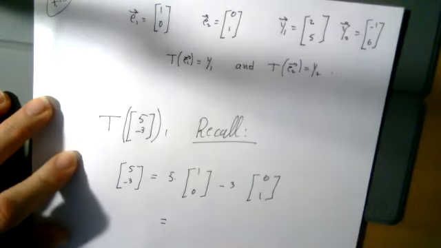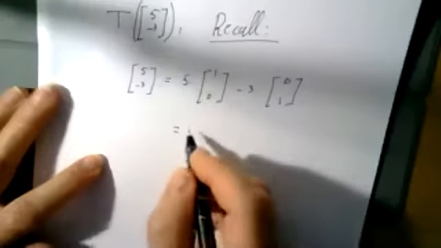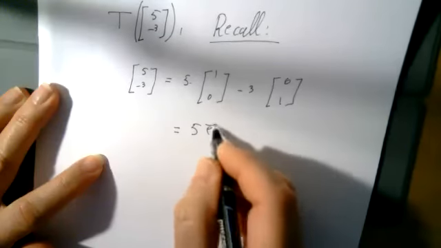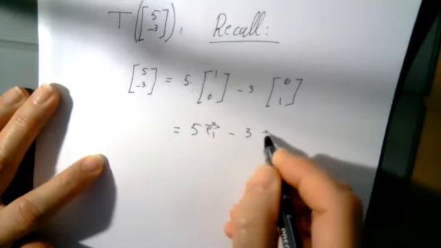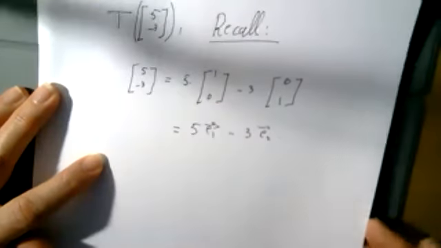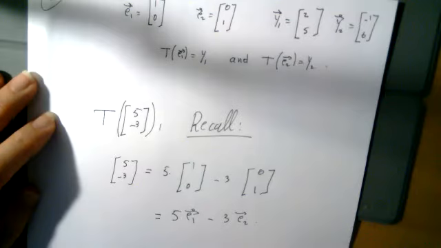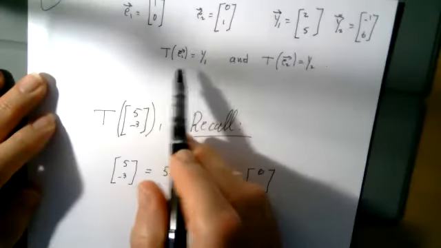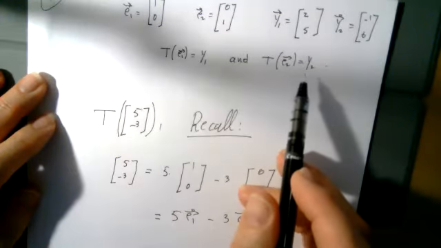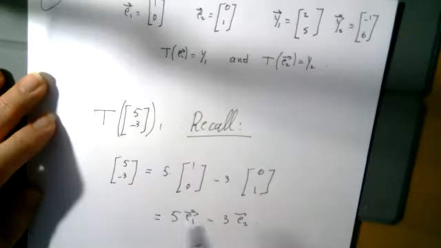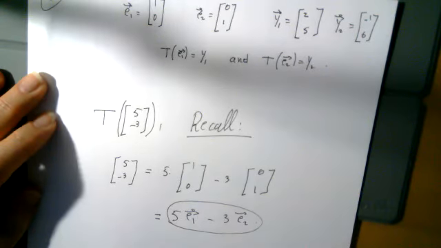So this is going to give me 5E1 minus 3E2. So I started by writing this vector as a combination of E1 and E2. Why? Because I know where E1 goes, I know where E2 goes. The linearity is going to help me to know where any linear combination of them is going to be sent.